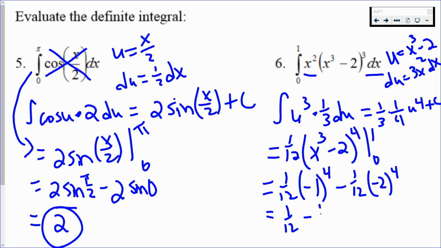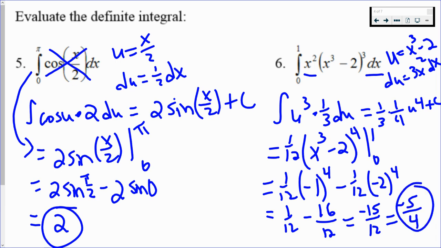We're just going to leave it like that for now, and then we'll simplify when we combine. 1 minus 16 gives us -15 over 12. We can reduce both of those by 3, so that would be -5 over 4. And again, that's still using our u-substitution, only we have to plug back in the u and then evaluate at our limits of integration.